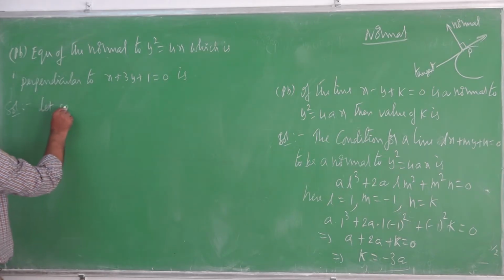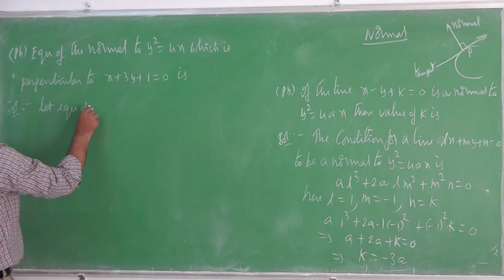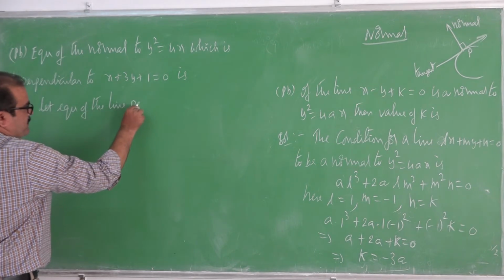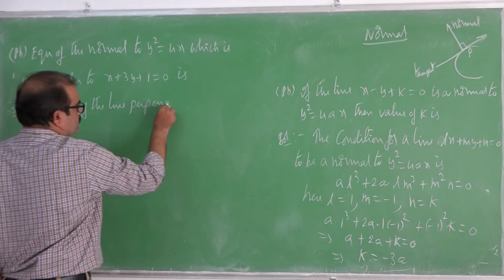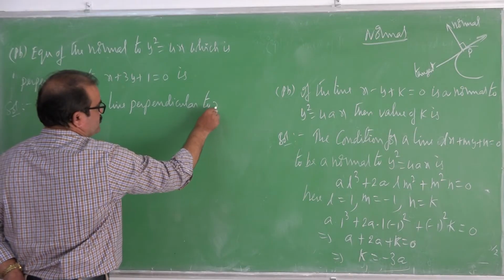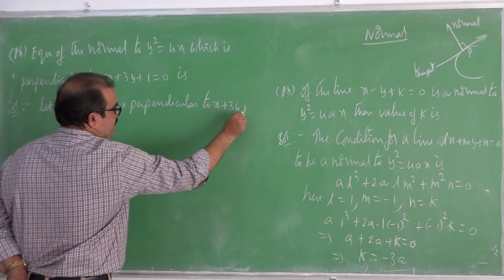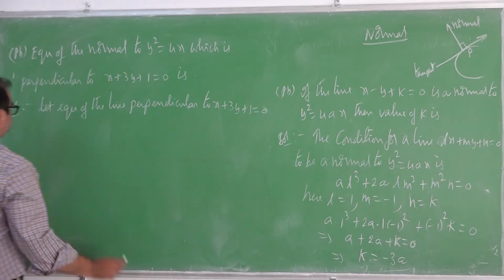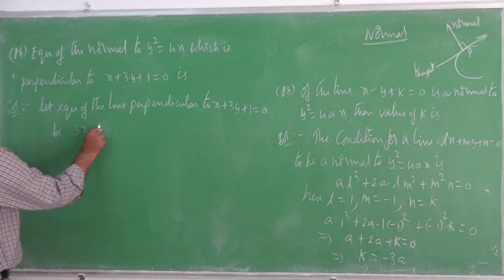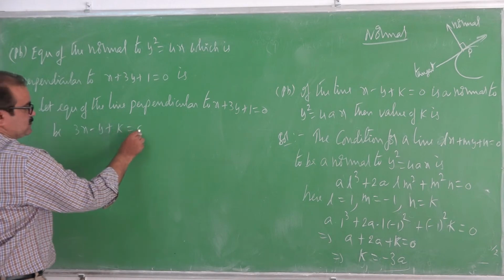Let the equation of the line perpendicular to x plus 3y plus 1 is equal to 0 be 3x minus y plus k is equal to 0.